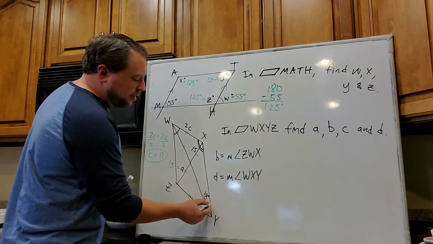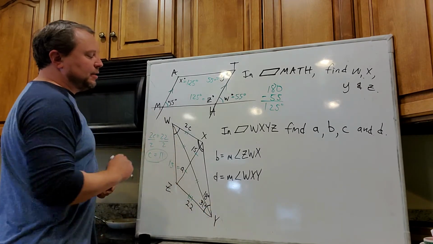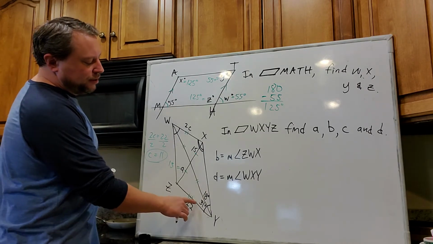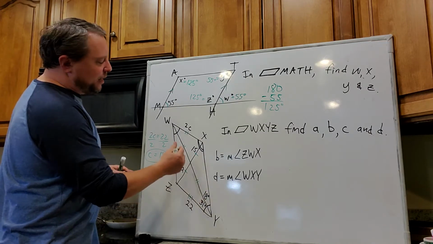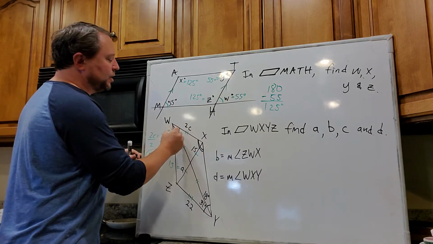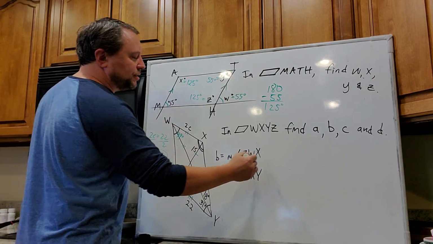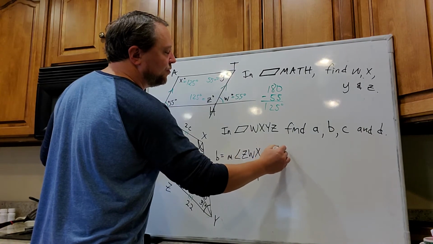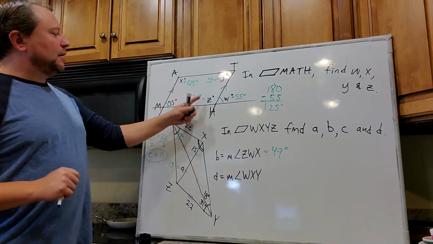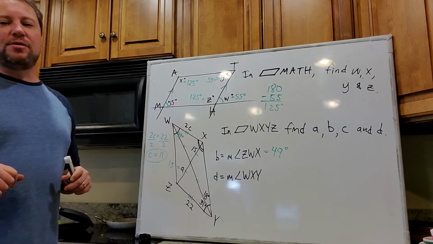So this entire angle right there is the opposite angle of that one. If I were to add 31 and 18, you're going to see I get 49 degrees. So there's my answer for the entire measurement of that angle. That entire angle is 49 degrees, because we know in a parallelogram, the opposite angles are congruent.